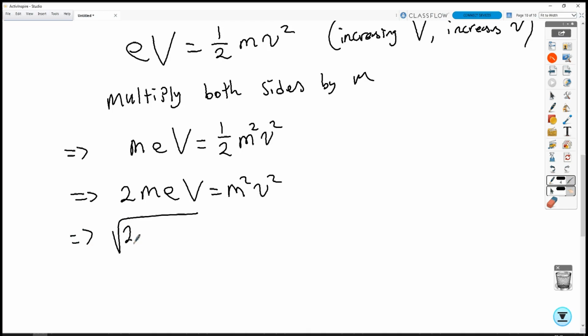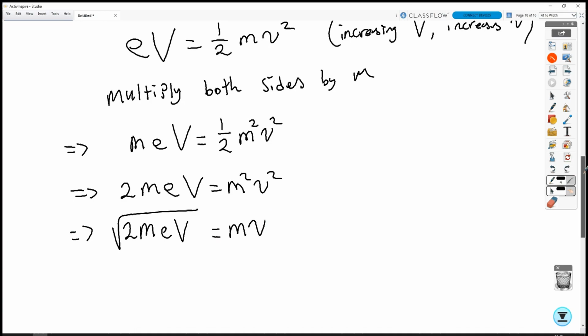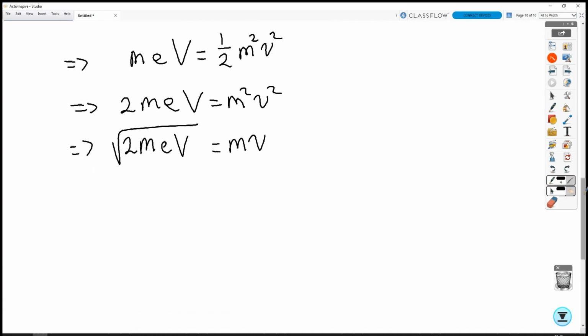And square root of 2meV equals mv. And mv is just momentum, so we can substitute that into the de Broglie wavelength equation.